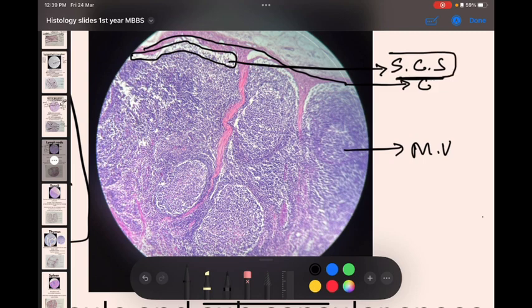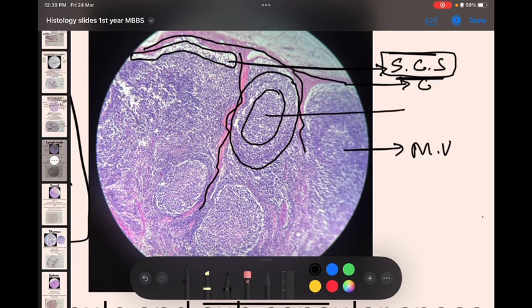The invaginations of the capsule are called trabeculae. Between the trabeculae we have lymphoid follicles, and the center portion of the lymphoid follicle is called the germinal center.